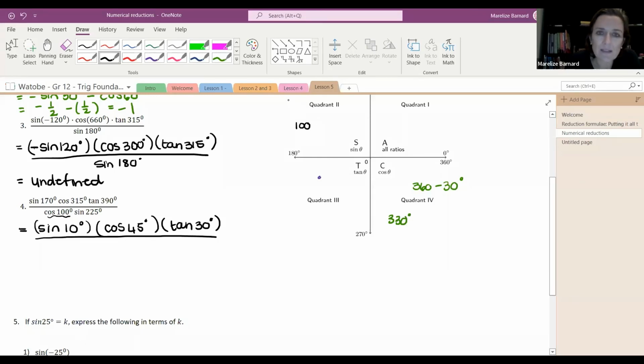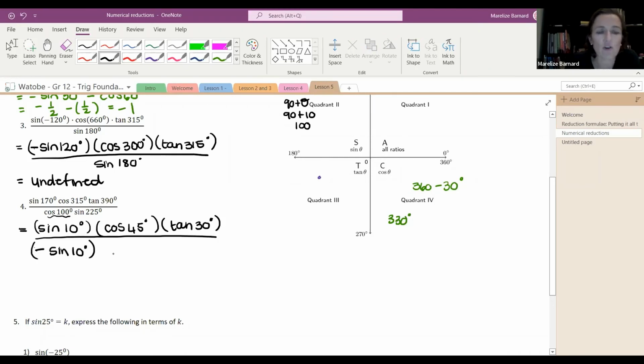And we can remember this quadrant can also be a cofunction quadrant, 90 plus theta. If we look at 100, we can say 90 plus 10 will give me 100. And if it's 90 plus, cos changes to sine, and cos is negative in that quadrant, so it's negative sine 10 degrees.